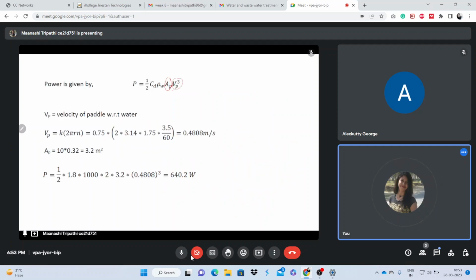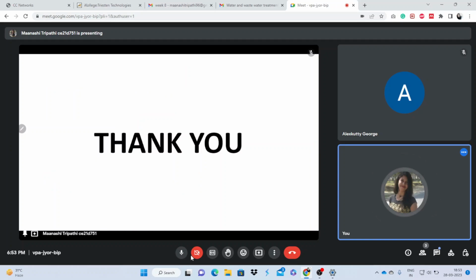So this is the thing given here. We have calculated the A_P and then the power. So this was the last question. That's all for today.